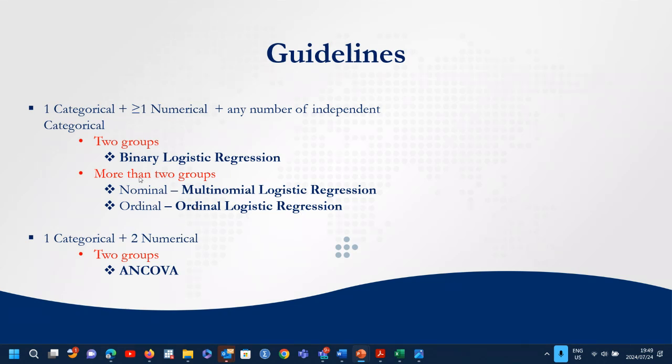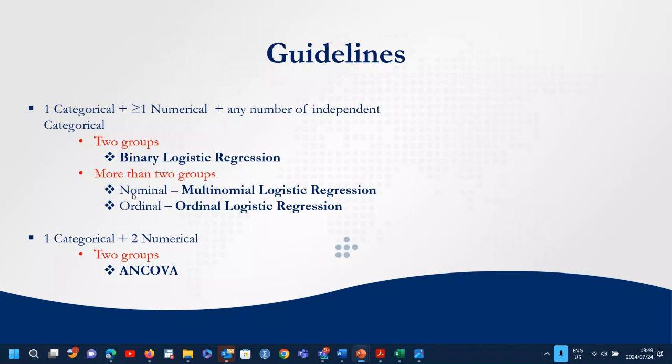And when it's more than two groups, but they don't have order, it will be multinomial. So the right side stays the same. It's this categorical that will influence whether it's binary, nominal or ordinal.